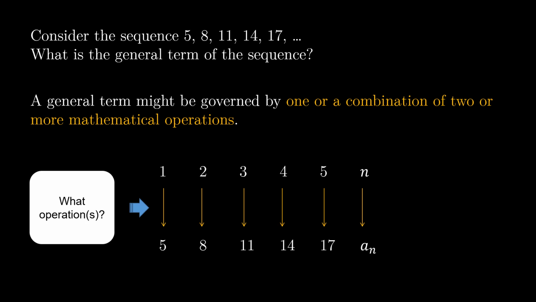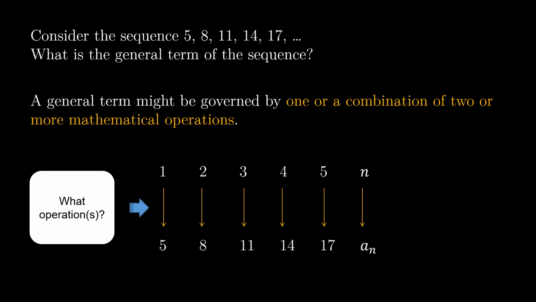When you try to combine operations, you do some experiments on the first term. Then you try the same combination of operations on the second term, the third term, and the fourth term. If it's true for all these 5 terms, that is our final rule for the sequence.